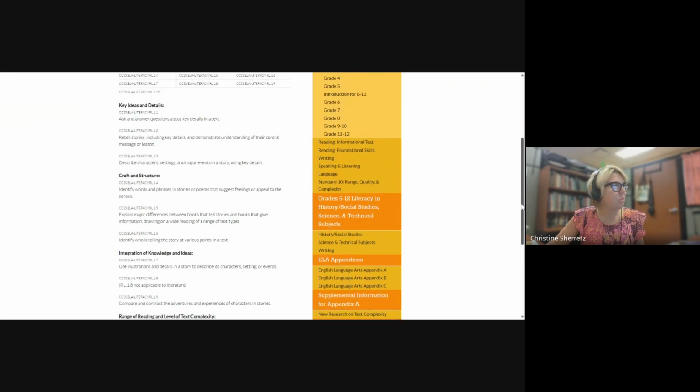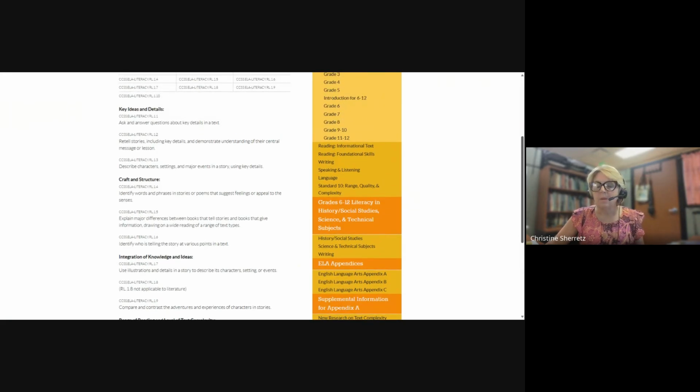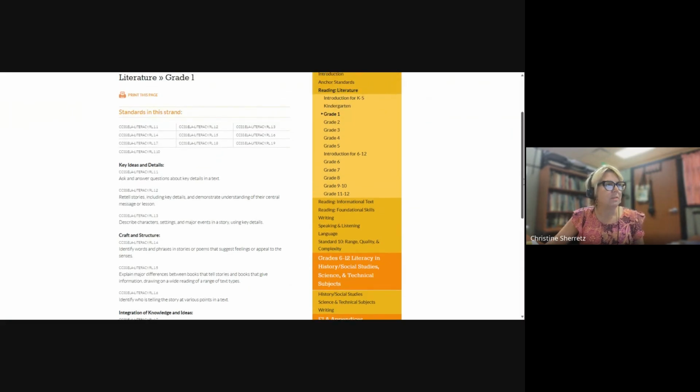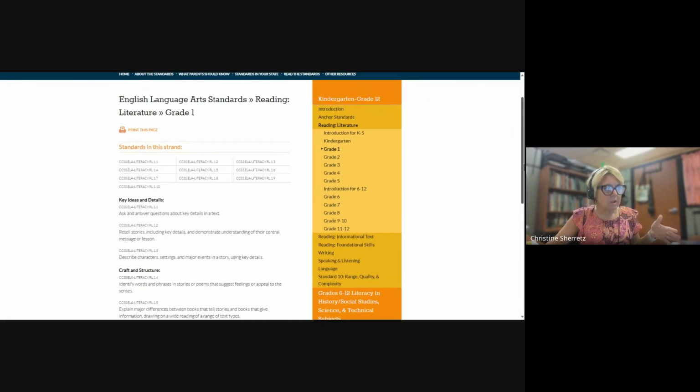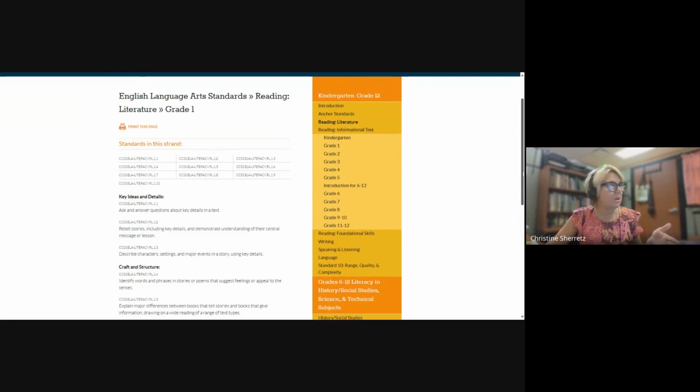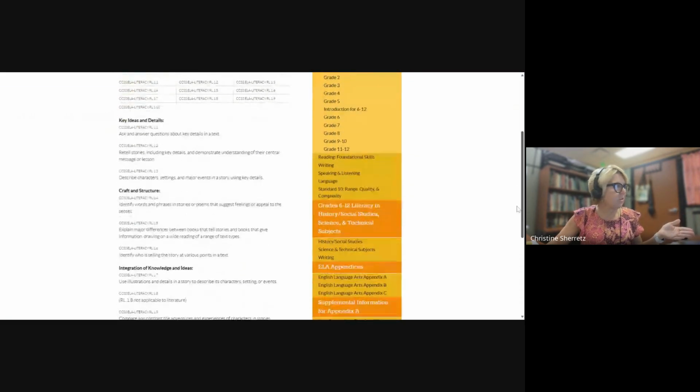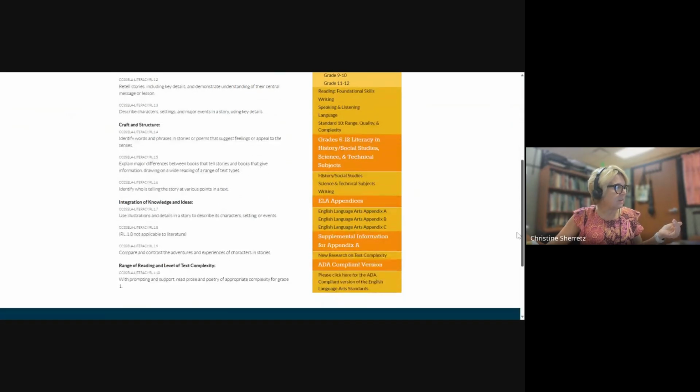So those 4 key subcomponents are the same in kindergarten all the way to 12th grade. So you have literary comprehension standards, and then you have comprehension standards for informational text, key ideas and details, craft and structure, integration of knowledge and ideas, and range.